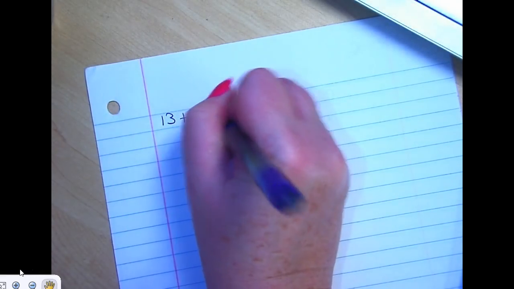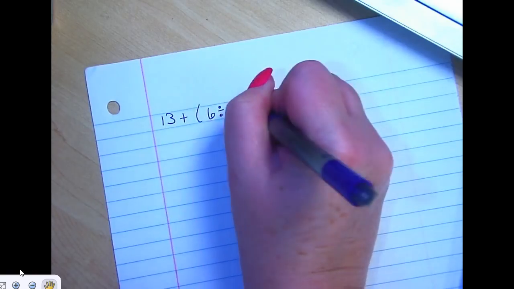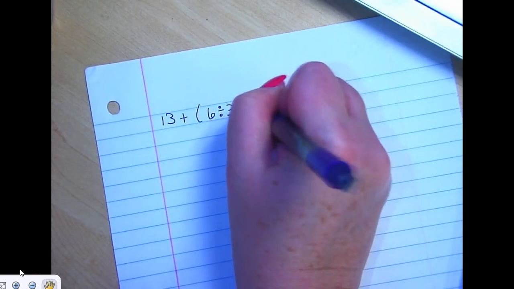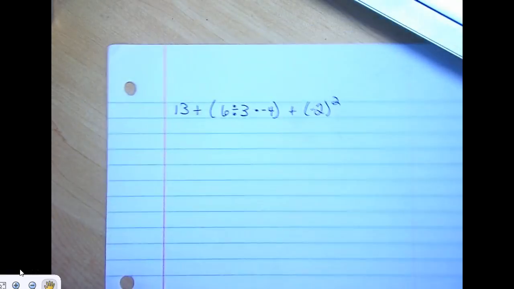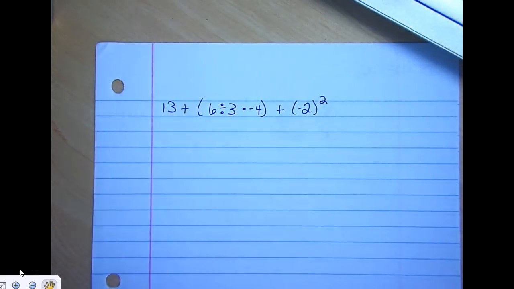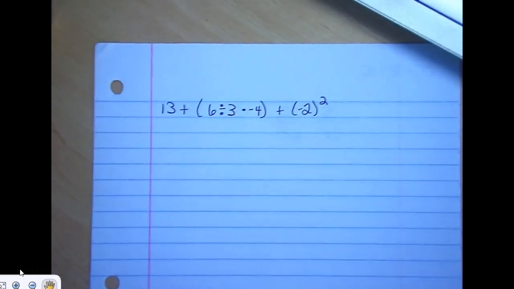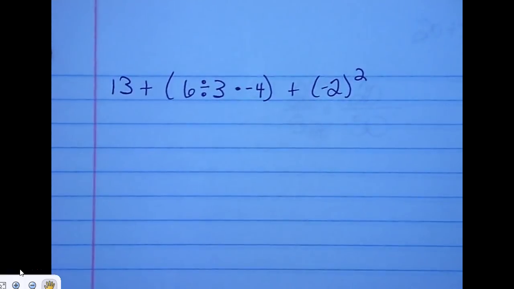Let's look at the second one. 13 plus 6 divided by 3 times negative 4 plus negative 2 squared. All right, what's the first thing we do in order of operations? Parentheses.